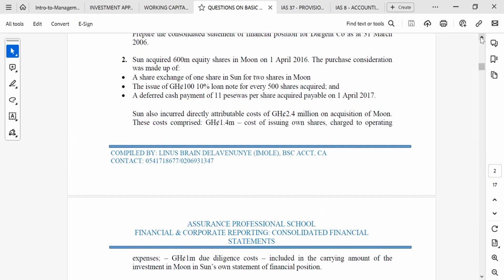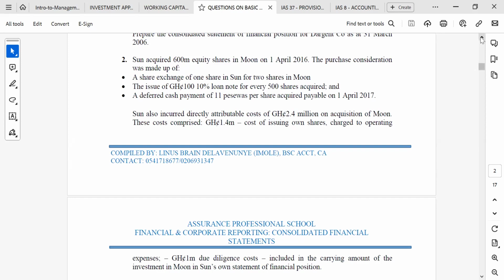What is the meaning of that? Is this a ratio of allotment? So we take 100 over the 500 times the shares acquired. They are saying that for every 500 shares of the total shares acquired, we are going to be giving a 100 cedis loan note to them.